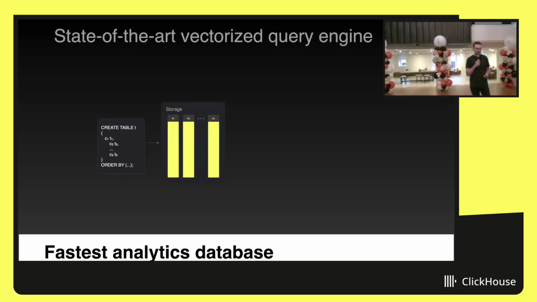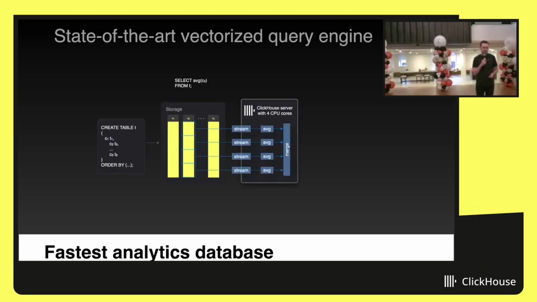And when we do some query, it will read only specific columns. And also it will parallelize the query execution across the ranges of these columns using all available CPU cores.